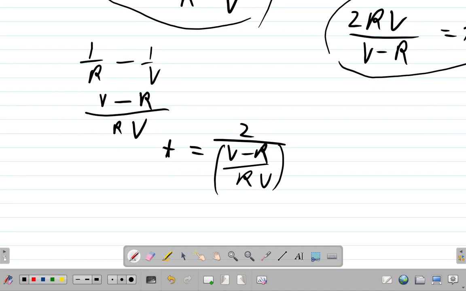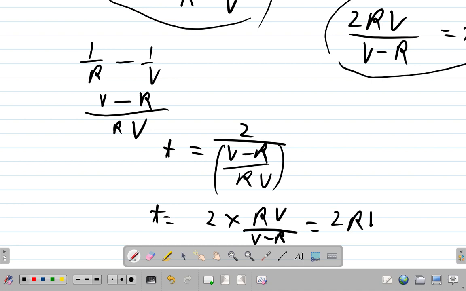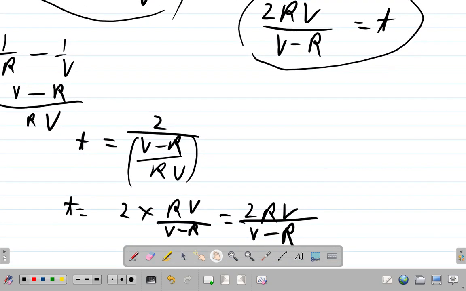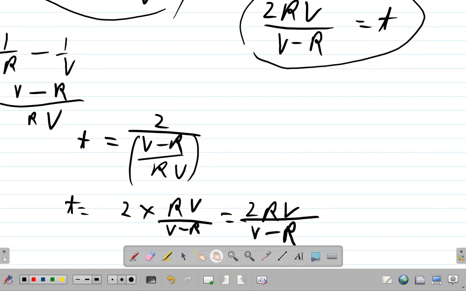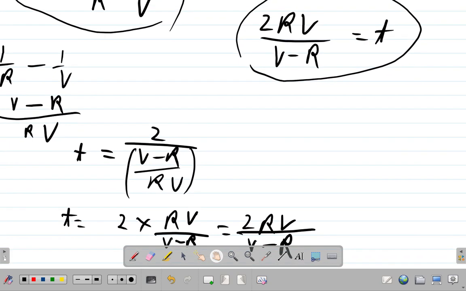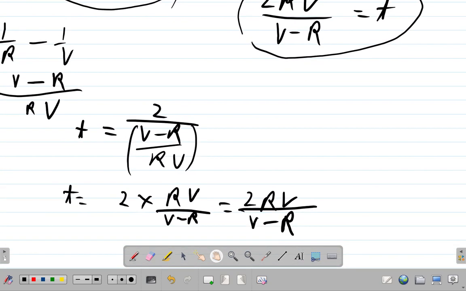But when you have a number divided by a fraction, it's the same thing as the number multiplied by the reciprocal of the fraction. So this becomes 2RV divided by V minus R. Alright? So T equals 2RV divided by V minus R. So you get the same thing.